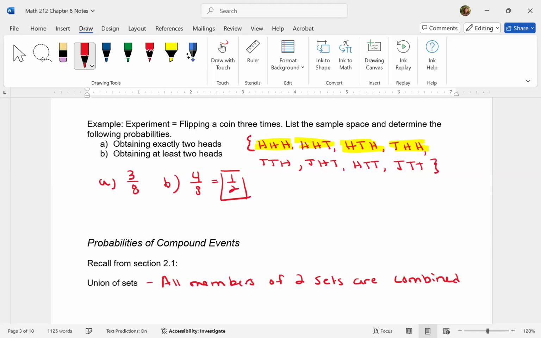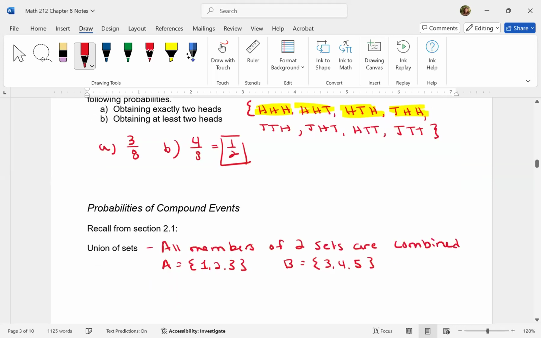So if set A happens to be 1, 2, 3, and set B happens to be 3, 4, 5, combining A and B, the union, which we use an actual U to represent, would be 1, 2, 3, 4, 5, and of course we don't list 3 twice. We just count it once because it's in both sets.